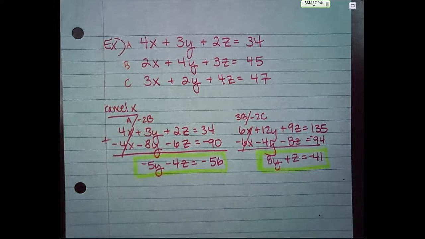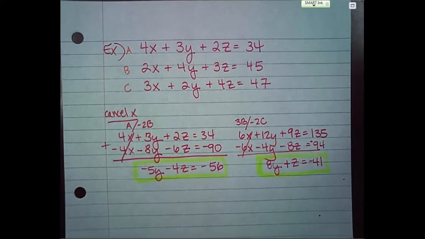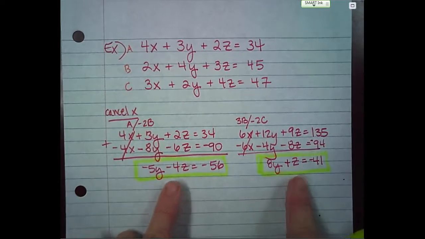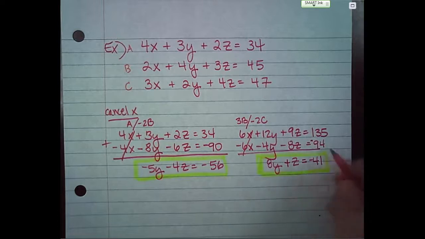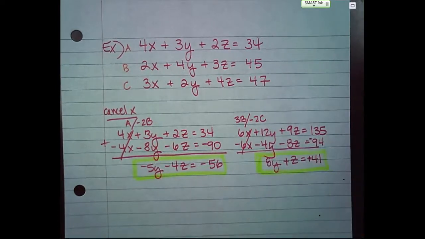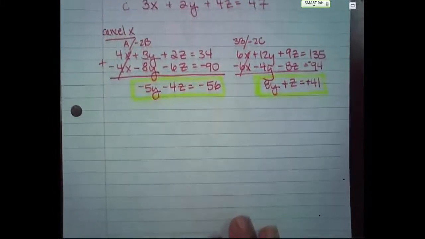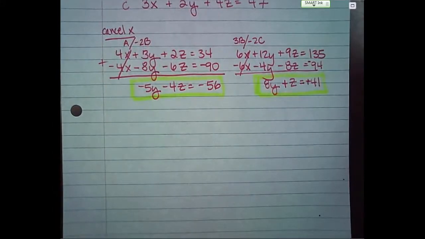And now, my friends, you are back to just plain old what you've done all along: 2 equations with 2 variables. Oh, it's positive 41. Thank you. Now, back to normal.